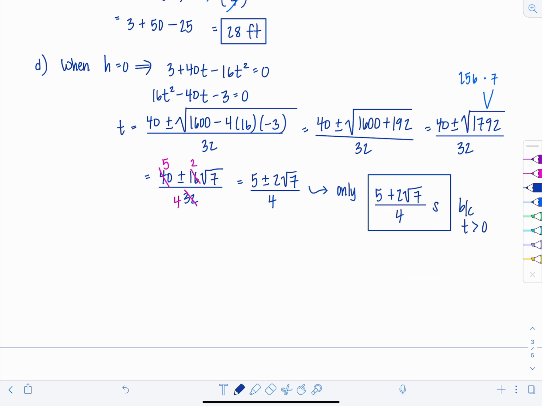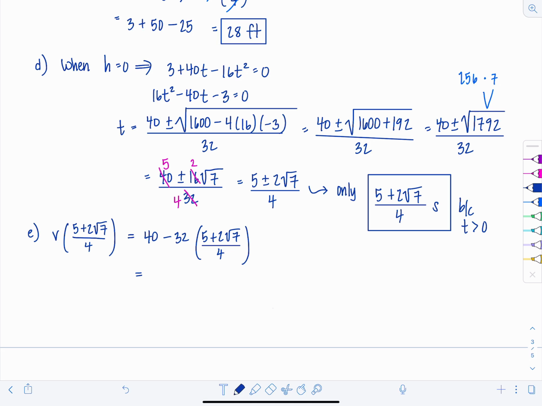So part E, here we go. They just want the velocity of 5 plus 2 rad 7 over 4. So the velocity function was 40 minus 32 times 5 plus 2 rad 7 over 4.